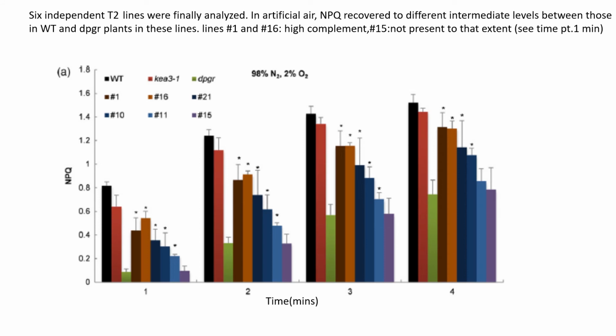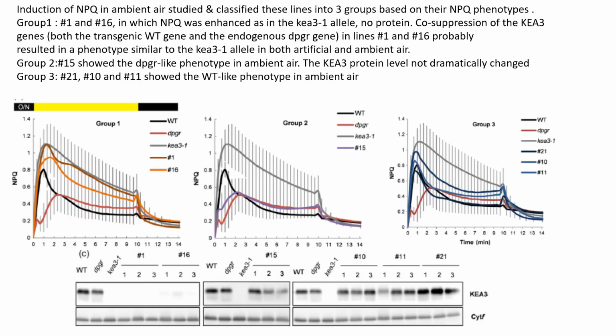Based on the induction of NPQ in ambient air, the different lines were classified into 3 groups. The first group, where the complementation was good, such as lines 1 and 16, had enhanced NPQ, as in the knocked out allele, where there was no protein present.